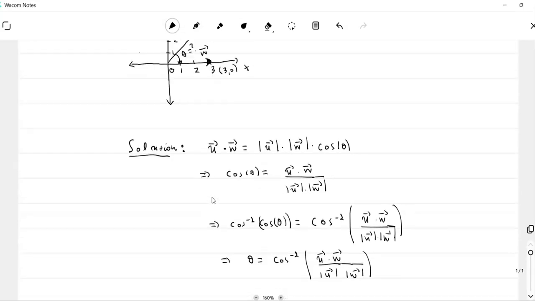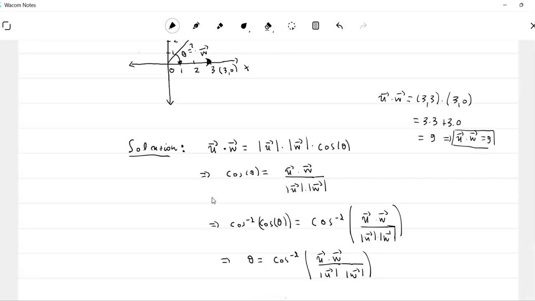Now I can do calculations on the side. U dot W, where U is (3, 3) and W is (3, 0), is 3 times 3 plus 3 times 0. So this is 9. Now let me compute the norm of U. This is the square root of 3 squared plus 3 squared, so the square root of 18.